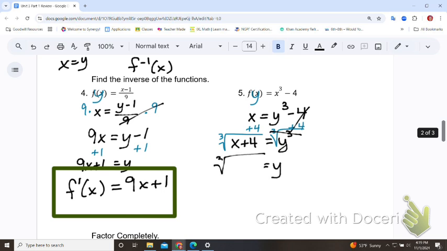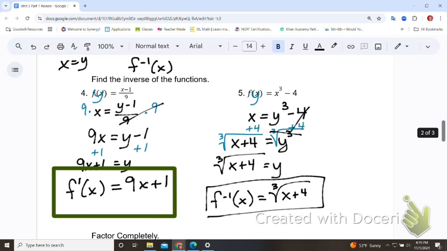So really this looks very much the same. And then we're just going to change out our notation. It's not a problem if you leave that on the right, but typically you would see it on the left. And then it should be obvious that the 4 is under the radical, because it can be on the outside. So it needs to be clear that that radical is extending above the 4. And there is our second inverse problem.